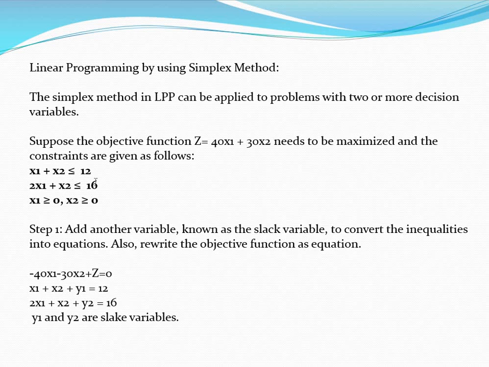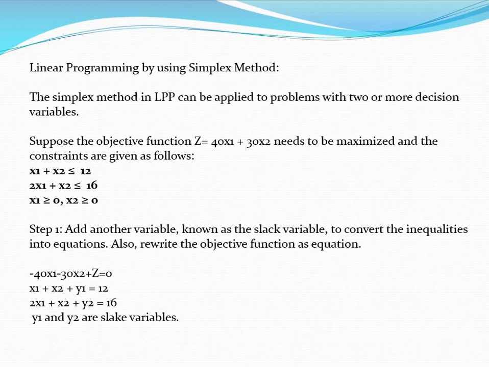This second one we will, for the time being, equate to 12. For that only we are adding y1: x1 plus x2 plus y1 is equal to 12. Likewise this also we will equate to 16. For that we will add one more slack variable, that is y2, meaning 2x1 plus x2 plus y2 is equal to 16.